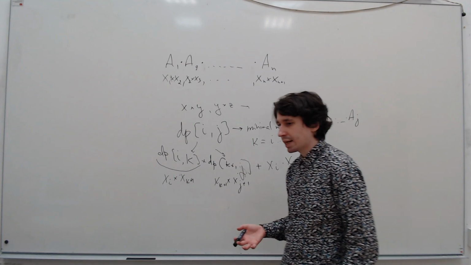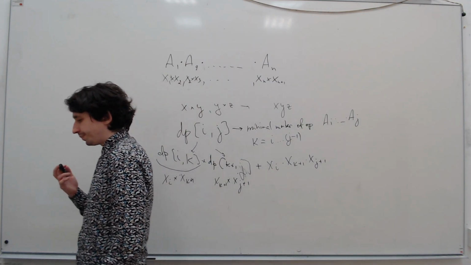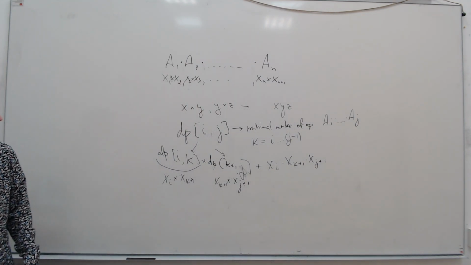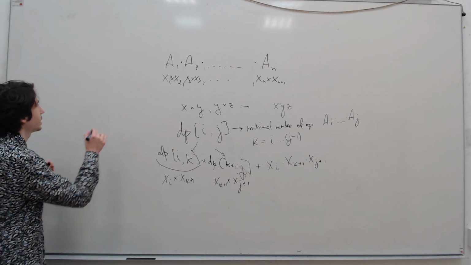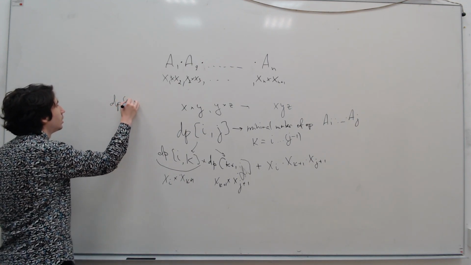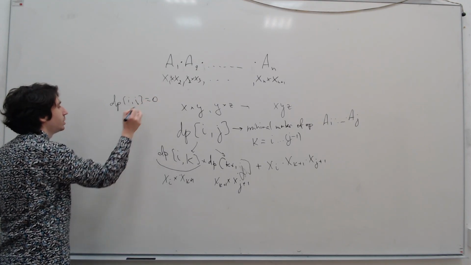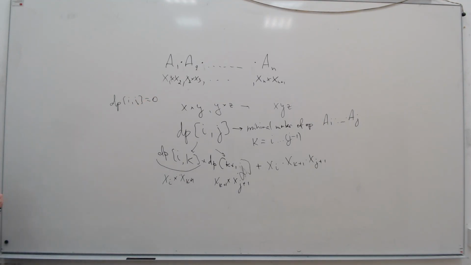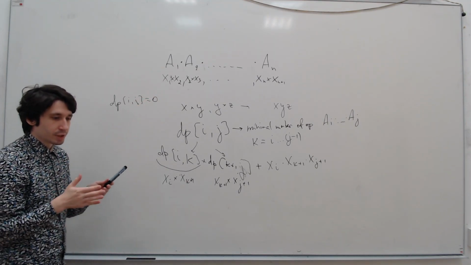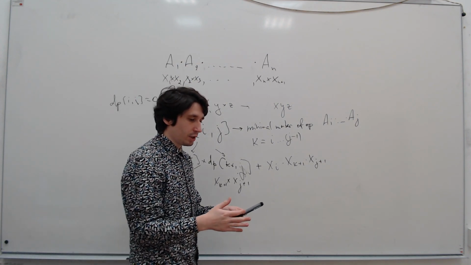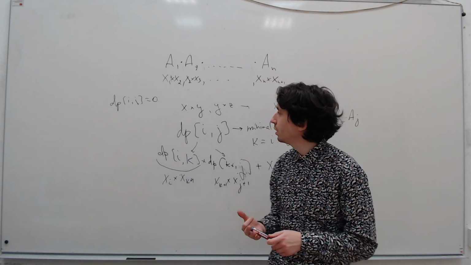Obviously, you should set up the base for this problem as dp[i][i] equals 0, because to multiply the elements from ith to ith costs us nothing.